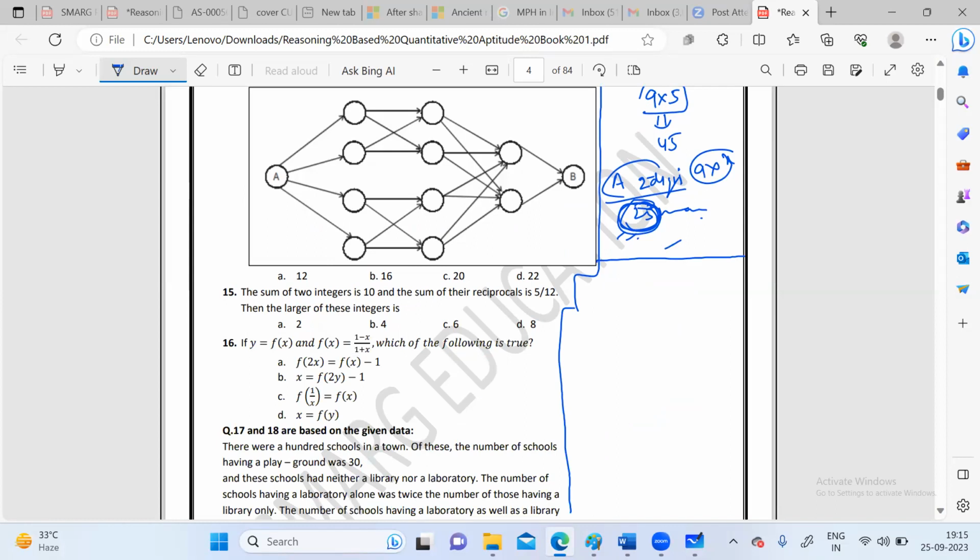Even for a three-digit number, a simple concept is that if the digits are A, B, C, the number is ABC, and if the digits are reversed, it will be CBA.